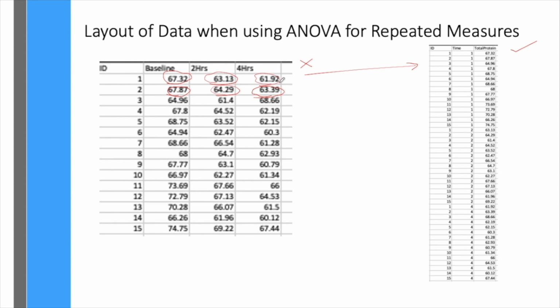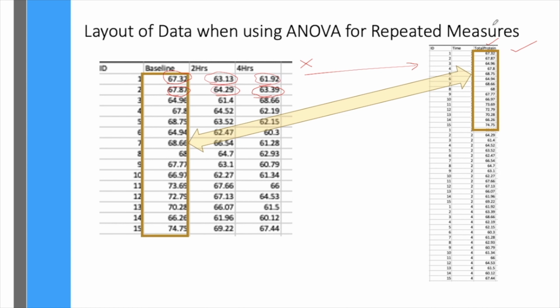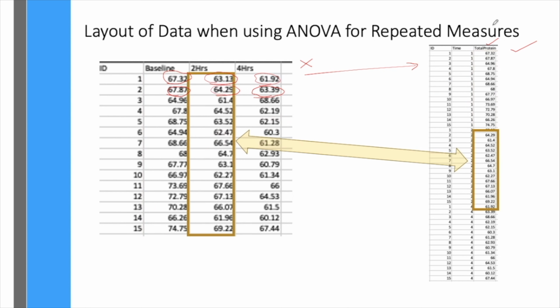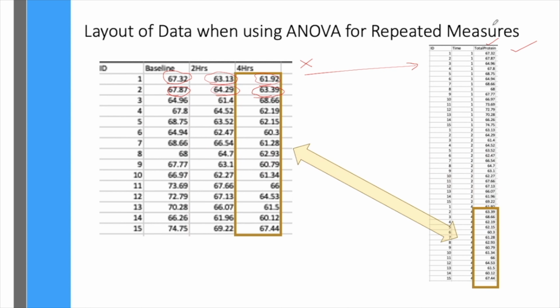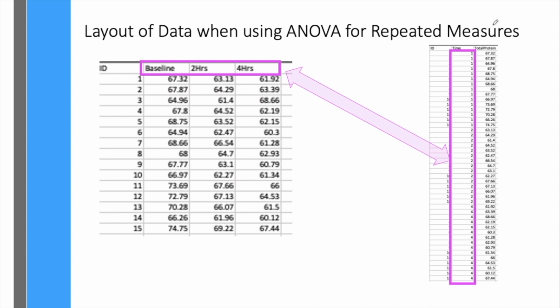Meaning you have to put all the numerical values in one column. So the baseline will be in one column together with the values observed after 2 hours and after 4 hours. And then the time will be another column. Notice that 1 is for the baseline, 2 means this is observed after 2 hours, and 4 means this is observed after 4 hours.